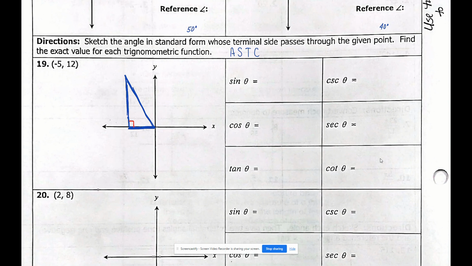Because of the direction of this x and y value, sometimes x and y will point the triangle over here. Well, in quadrant 1, all of my trig functions will be positive. All of them: sine, cosine, and tangent.